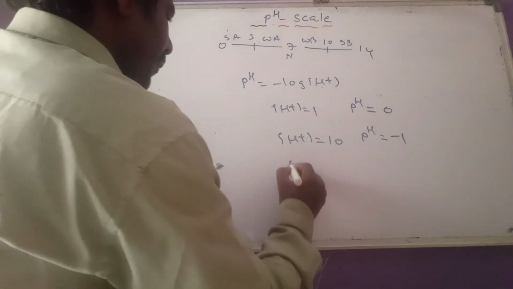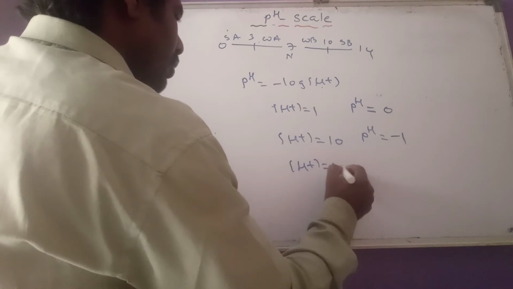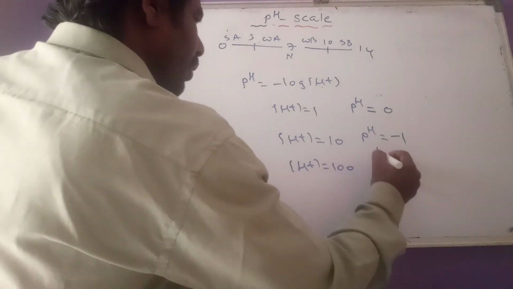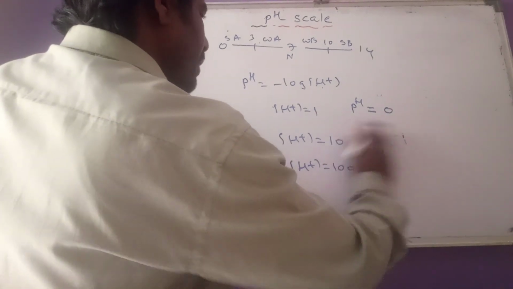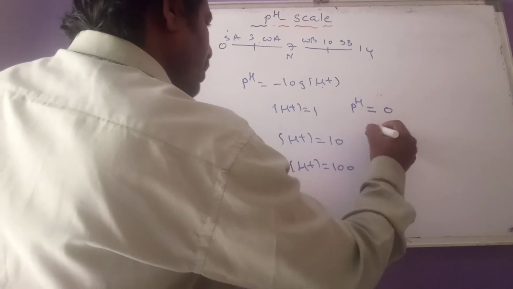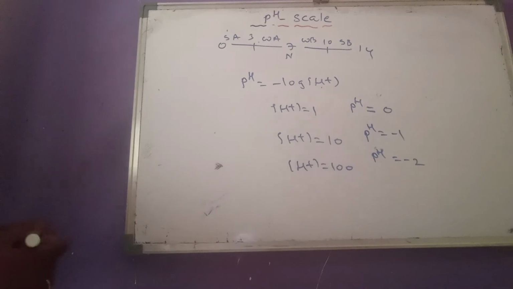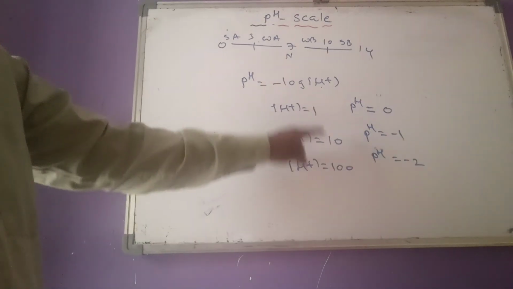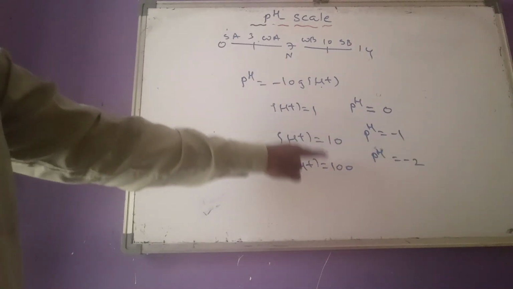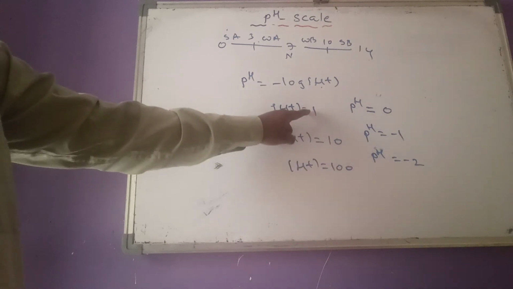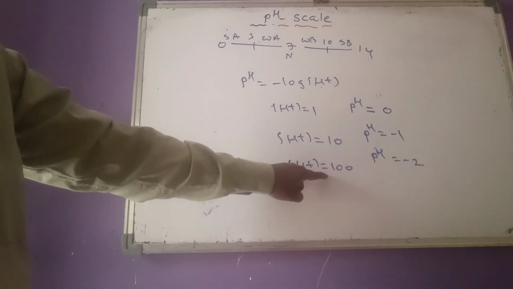Similarly, if you consider H plus equals 100, we get pH value minus 2. Compare the first and third one: 1 to 100 means H plus concentration increased by 100 times.